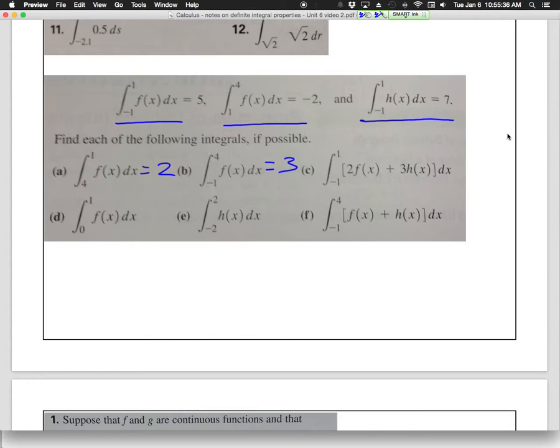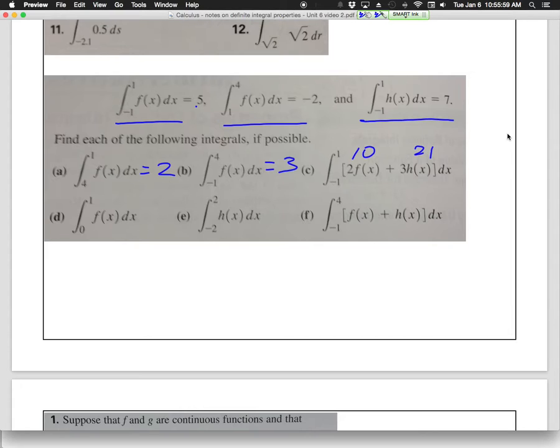Very good. Any issues with 31? Because we did 2 times 5, which gave me 10. And then we did 3 times 7, which gives me 21. 10 plus 21 gives me the 31. Everybody okay with that?